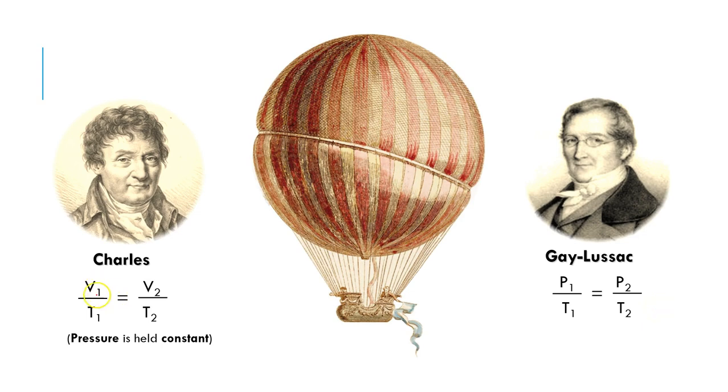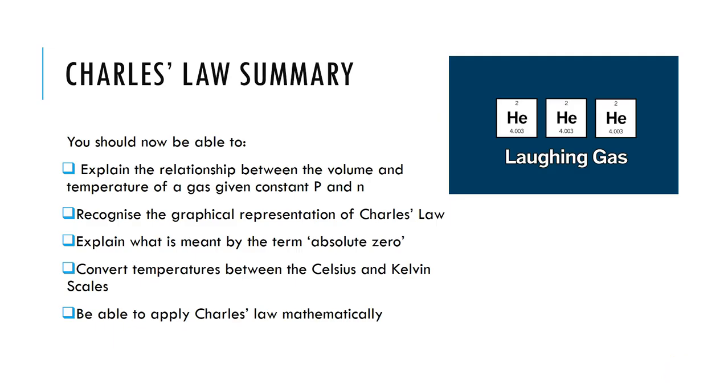So where we get this P1 over T1, V1 over T1 is equal to V2 over T2, we can also write a similar relationship for pressure, because the number of collisions that we have with the wall of the container will be proportional to their kinetic energy, which is going to be controlled by the temperature. So we can have this relationship as well, which holds true. For this one, we have pressure held constant. For the Gay-Lussac, because we're looking at the change in pressure, our volume is held constant.